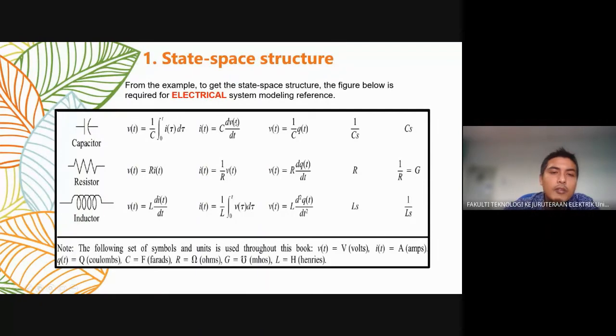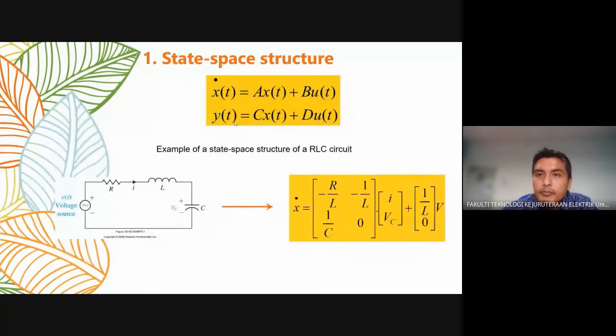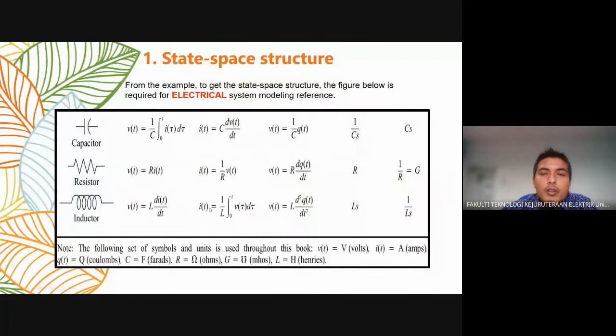V_C. So if you see the reference here, the x always refers to the current of the inductor and the voltage of the capacitor. Then, do you need to use this formula? v(t) equal to 1 over C times the integration of i(tau) d tau, and also i(t) equal to 1 over L times the integration of v(tau) d tau.